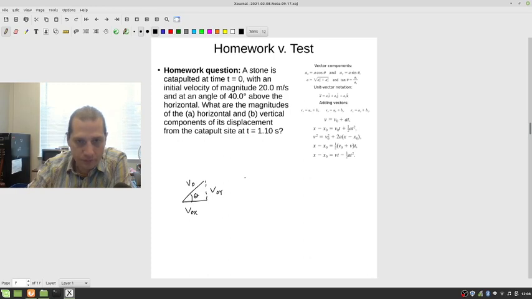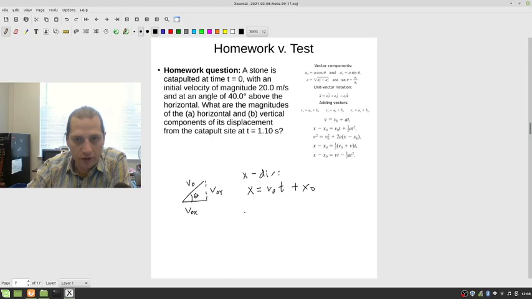And then you go ahead and you find your position in the x direction, which is just going to be x equals v naught t plus x naught.